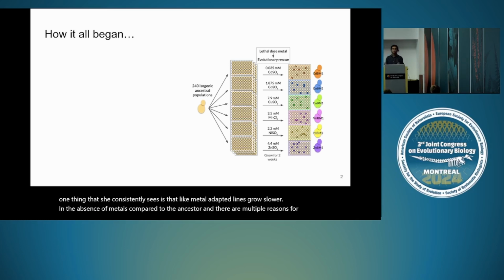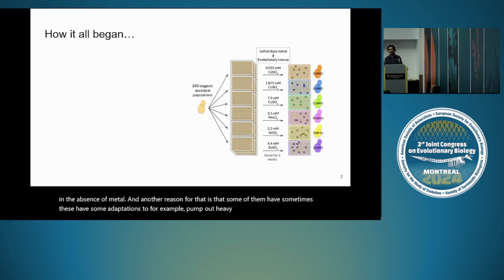One of them is that different metabolic pathways have different susceptibilities to different metals, and what is optimal in the presence of metal is not necessarily optimal in the absence of metal. Another reason is that some of them have adaptations to, for example, pump out heavy metals.